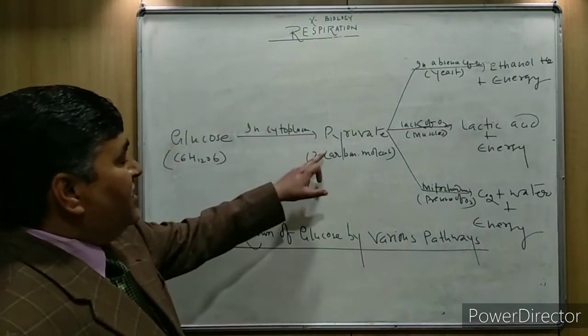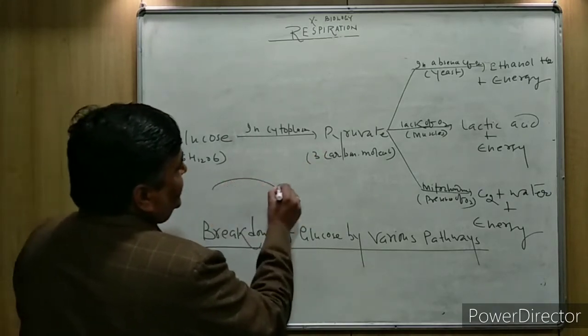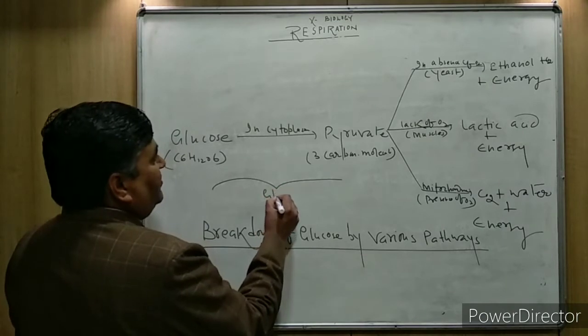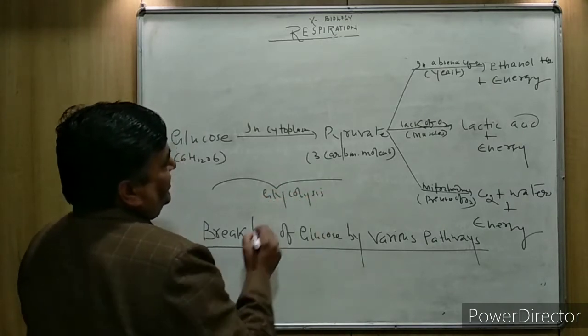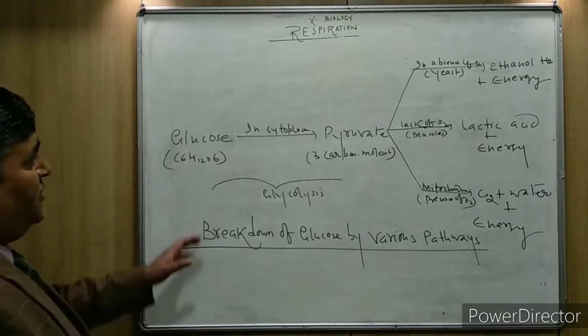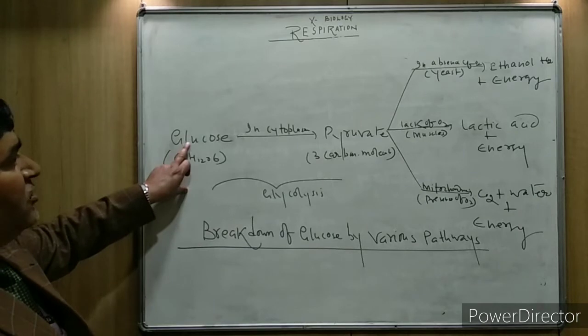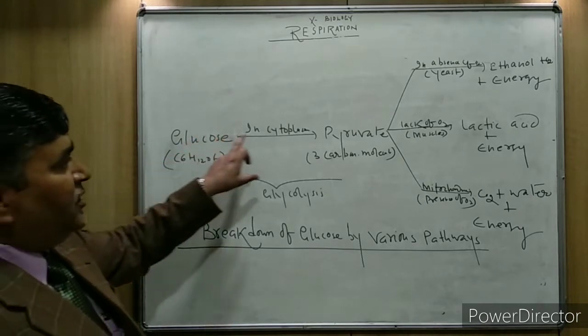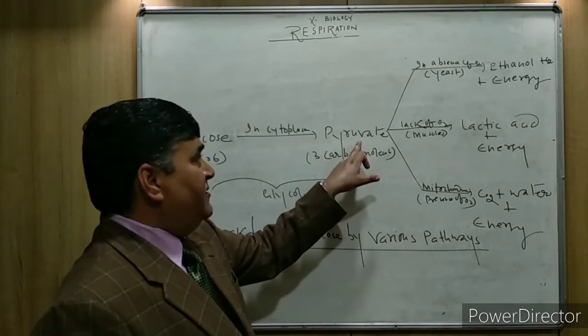And this step is also known as glycolysis, not given in your NCERT book, but this step is known as glycolysis. So glycolysis is the process of the conversion of glucose into the pyruvate, or you can say pyruvic acid.